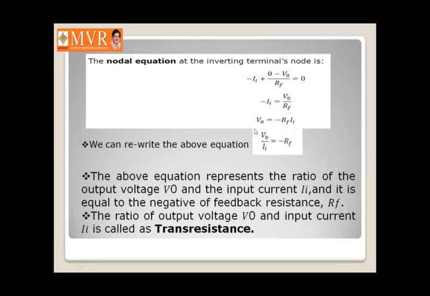RF is a constant value, so the output voltage is proportional to the input current. When the input current changes, the output voltage changes as RF is constant. By writing this equation, you can say that V naught by II is equal to minus RF.